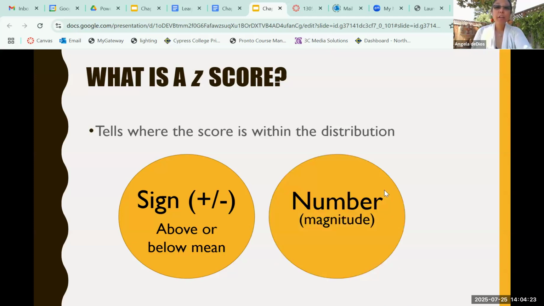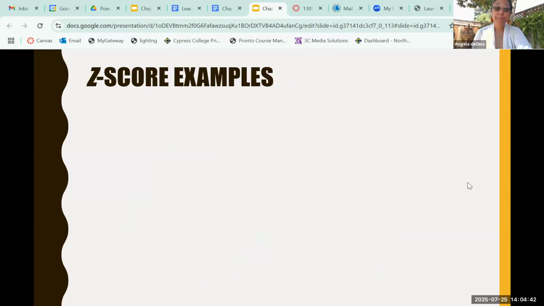So the other part of a z-score is the actual number. We call that the magnitude of the z-score. And that tells you how many standard deviations away from the mean a score is. So that might be a little bit hard for you to grasp. So let's look at some examples.